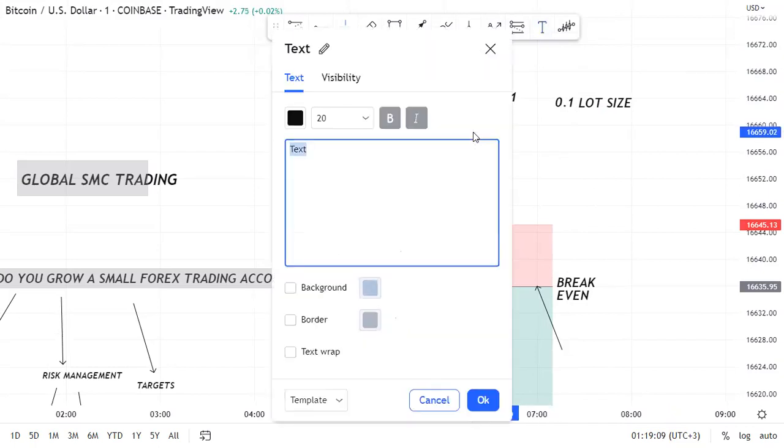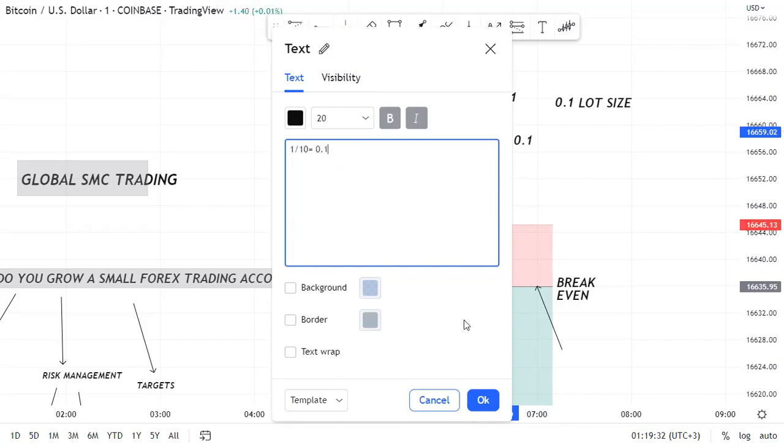Let's say you have a $20 account and you want to risk $1. And you want to use maybe 10 pips stop loss, right? $1 divided by 10 pips stop loss, you're going to see that you get 0.1, right?